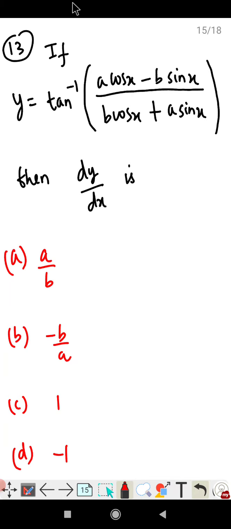Now the 13th question. If y is equal to this, then what is dy by dx? If you use the tan inverse of x formula, it will be difficult. We will use some trigonometric identity to simplify inside.